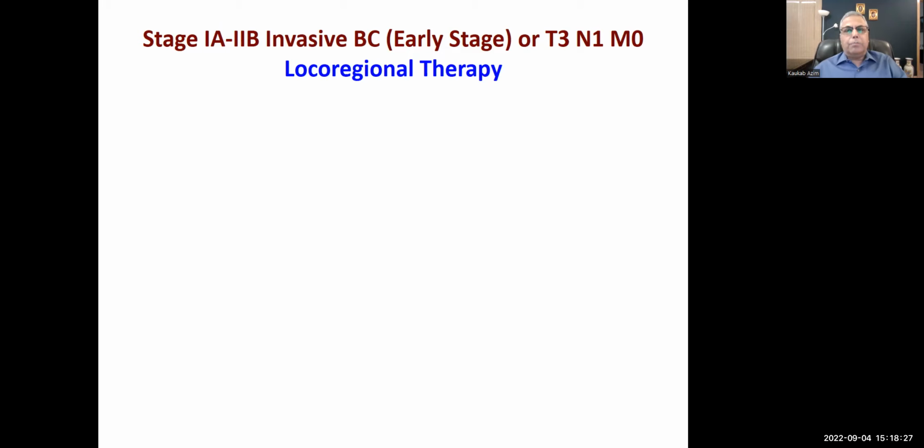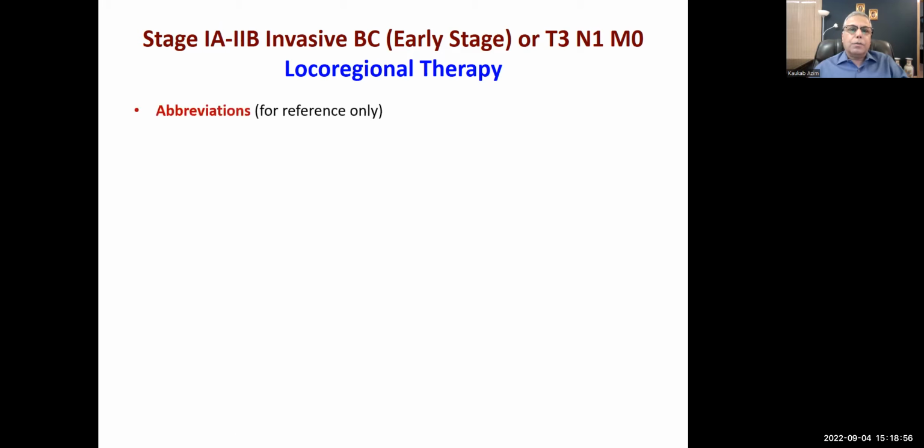T3 is more than 5 centimeters in size, and T2 maybe 2 to 5 centimeters in size. And if one lymph node is involved, then it is stage 2 breast cancer. All right, so loco-regional therapy means local therapy in the region, which is the breast and the lymph nodes.